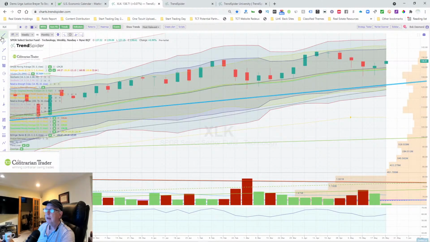Ooh, yeah. So we have a weekly breakout here. And as to the RSI, weekly RSI moving higher.